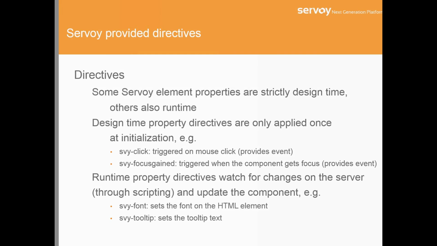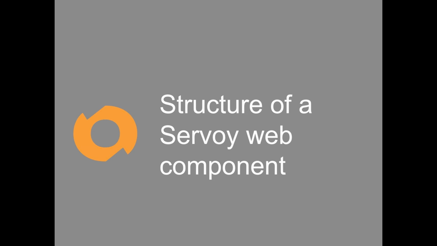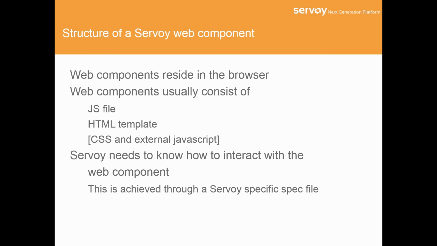So let's have a short look at the structure of a web component. What is it actually, development-wise? As probably has become clear by now, web components reside in a browser. They usually consist of a JavaScript file and an HTML template.